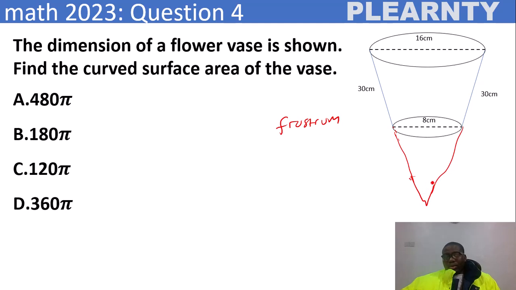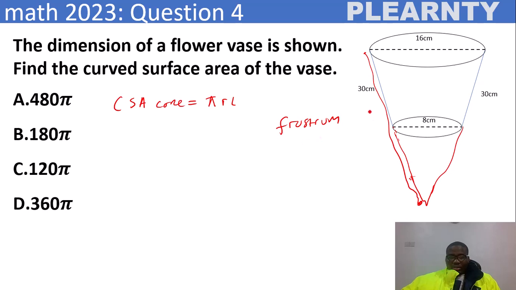So if you have a cone and you want to find the surface area of that cone, the formula for the curved surface area of a cone is pi r L, and this L stands for the slant length from this point down to the tip.